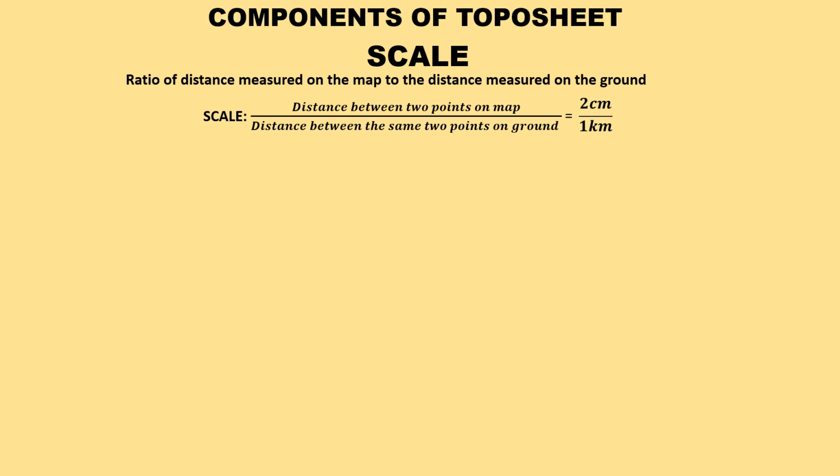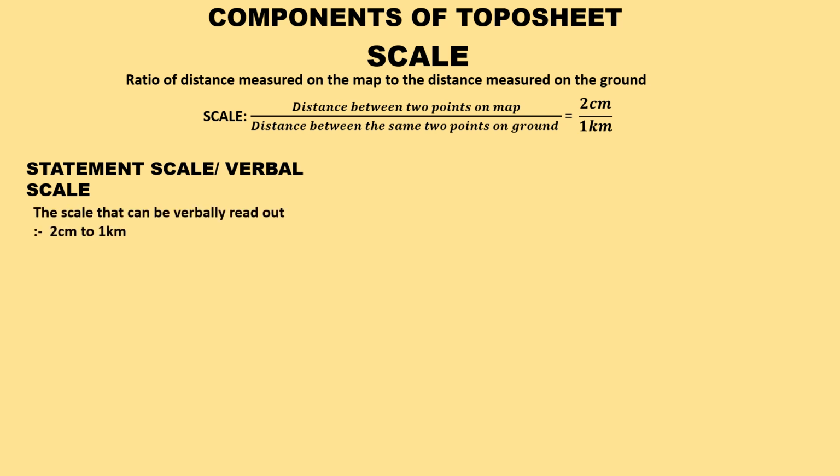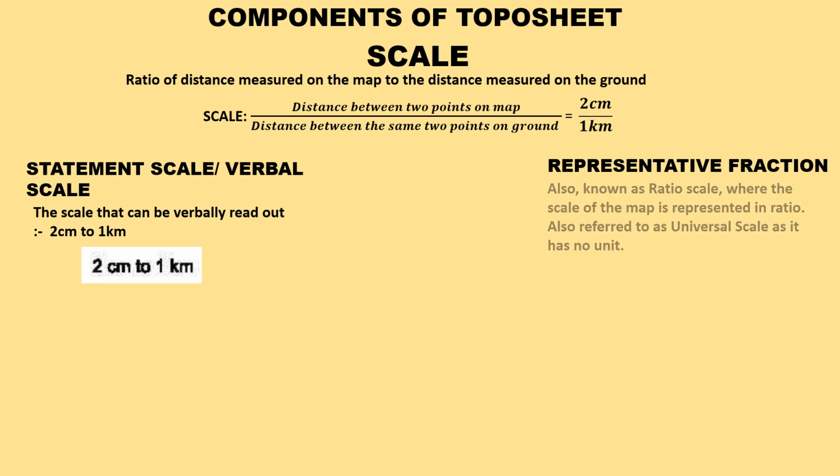Now there are various types of scales used on a toposheet map. First is the statement scale or the verbal scale. On a toposheet, it is the scale that can be verbally read out, which states that 2 centimeter on the map represents 1 kilometer on the ground. Next we have the representative fraction, which plays a very important and crucial role on the toposheet.